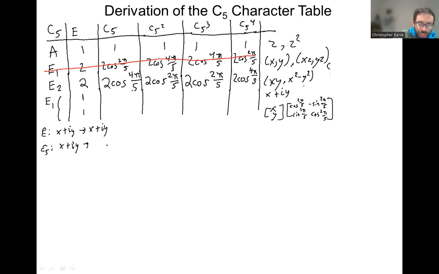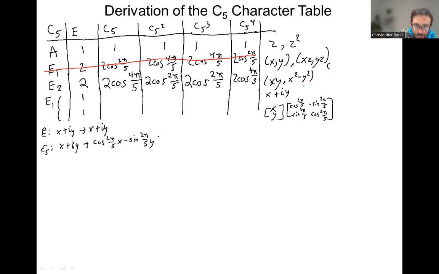So what that tells us is x goes to cosine 2 pi over 5 times x, minus sine 2 pi over 5 times y. And that's fine. Now what does y transform to? Well, we just look here and we multiply each of those by i, right?